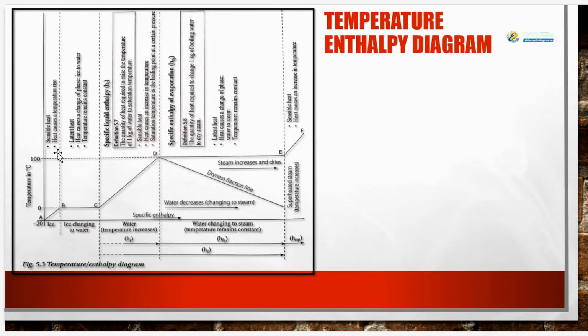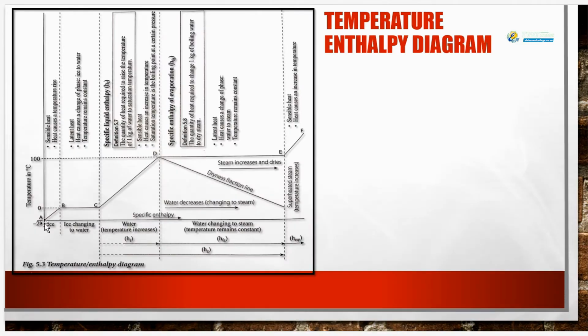Then the ice is ready to melt. So that heat responsible in changing the temperature of that particular ice is called sensible heat. Now, sensible heat is responsible in changing the temperature of ice, right? So our ice has changed from negative 20 to 0 degrees Celsius.